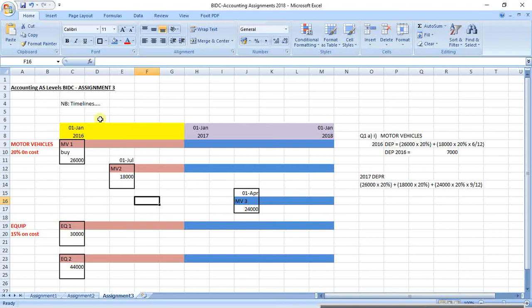The amount was 30,000. And the other one was 44. Same year. Yeah, blue for the first part, pink for the second.